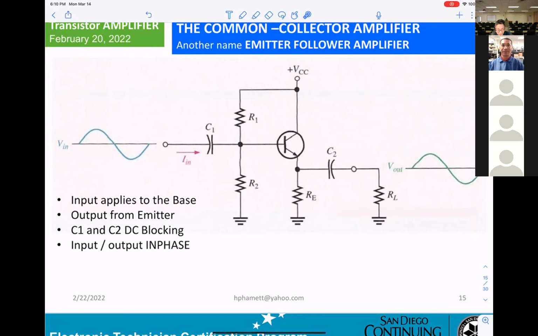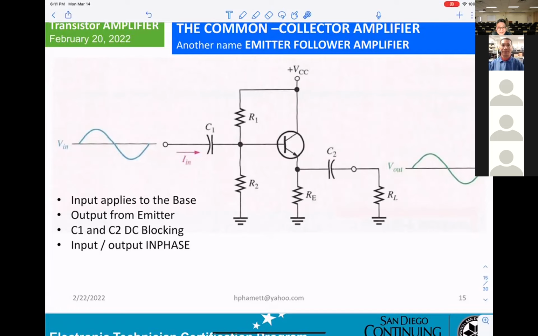The question is, how come this is also named emitter follower? How come they get that name? The output is the same as the input, the same at the emitter. V out and V at the emitter will be the same.